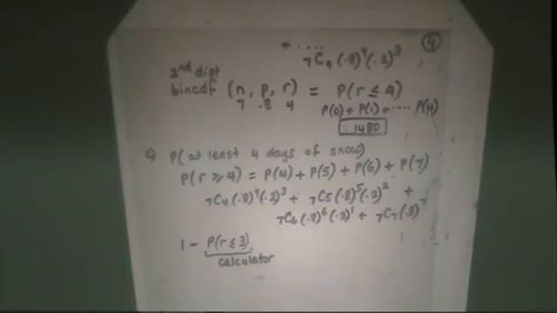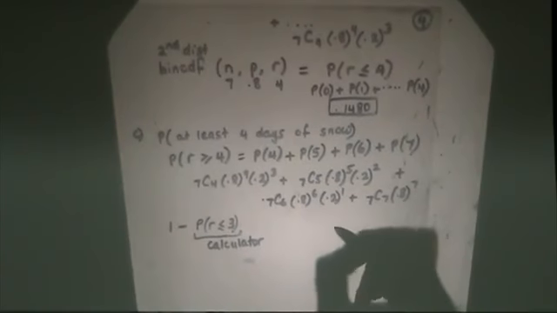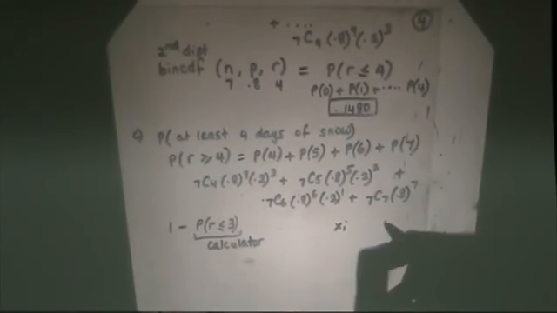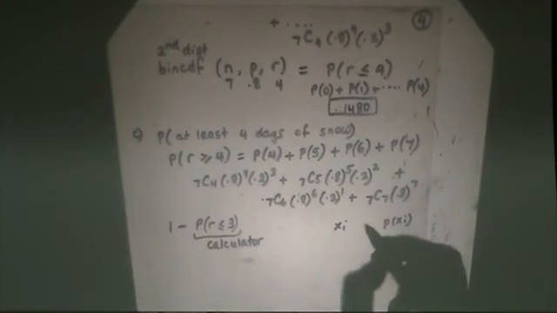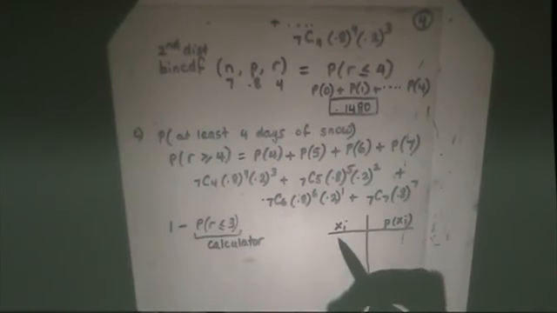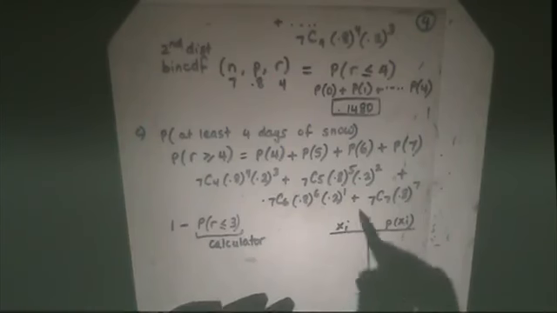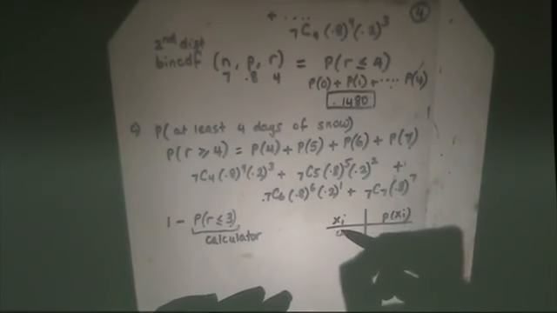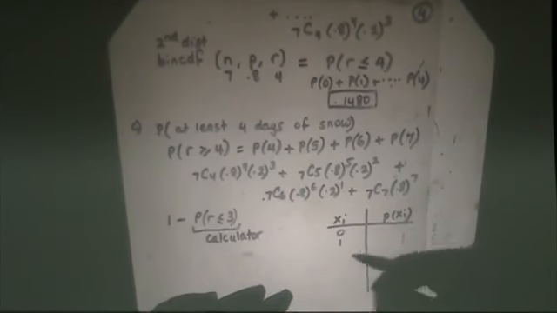After all, this is a valid probability mass function, right? It looks like this. xi, p of xi. So if I go away for 7 days, I could have no days of snow, 1 day of snow, 2, 3, 4, 5, 6, or all 7 days of snow. And with each of these is associated a probability.